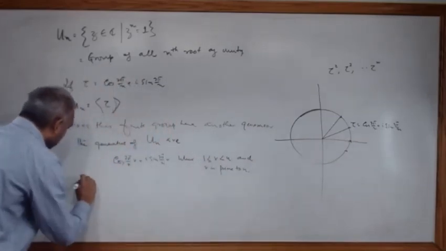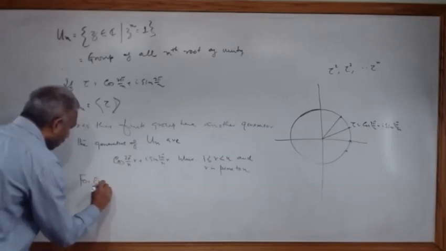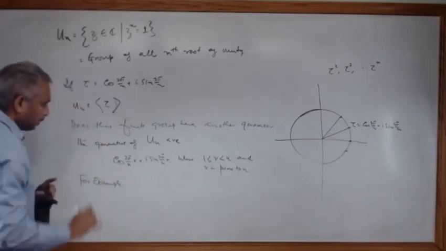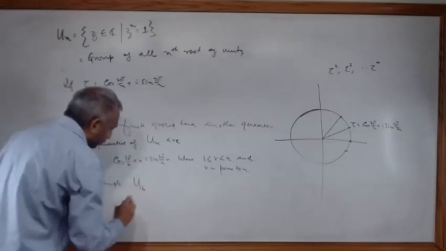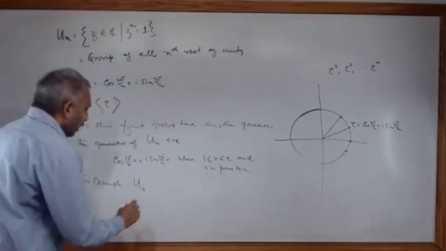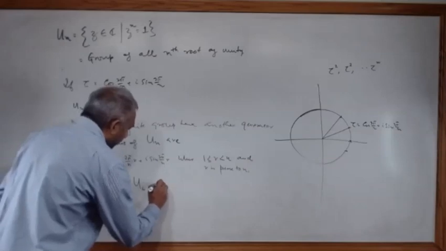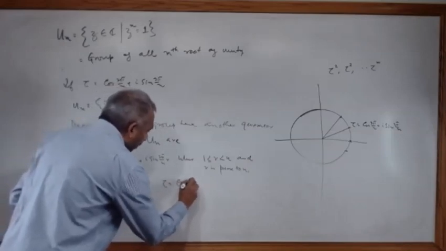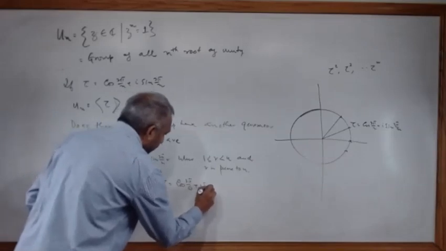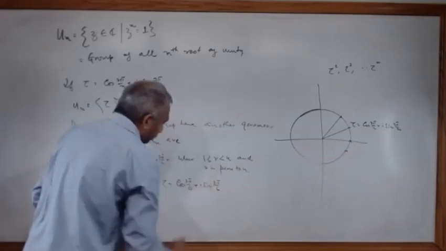For example, if you take U6, one generator is, the first generator, zeta is equal to cos 2 pi by 6 plus i sine 2 pi by 6.